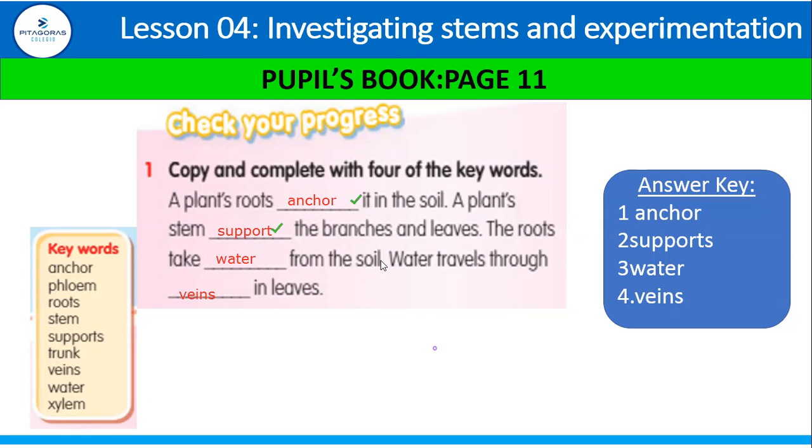Yes, support. Es un soporte para las ramas y las hojas. The roots take water from the soil. Good. And water travels through the veins. Excellent. Very good, my dear students. So now we are going to continue with this topic.